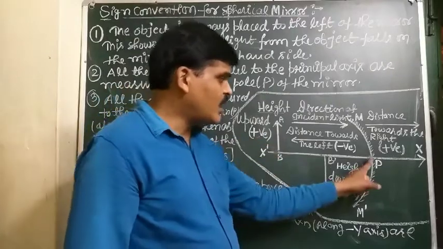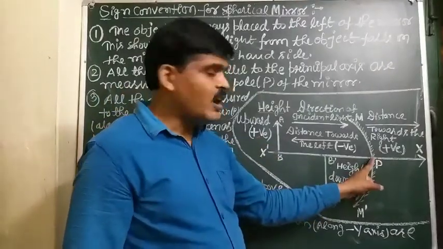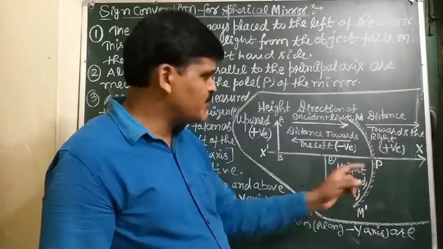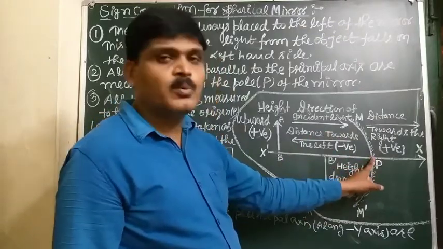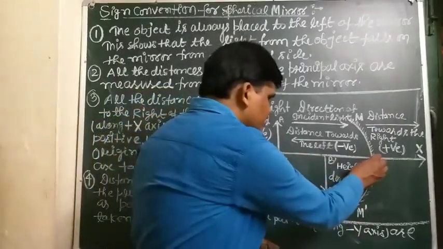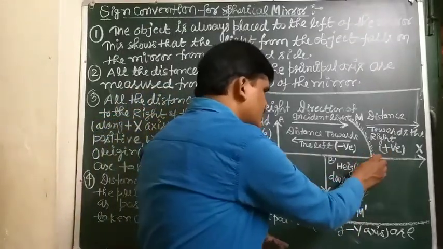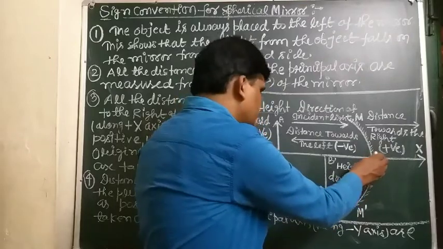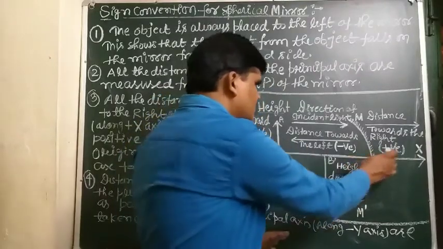Clear? Now the second sign convention: all the distances which are measured from the pole of the spherical mirror, whether left hand side or right hand side.